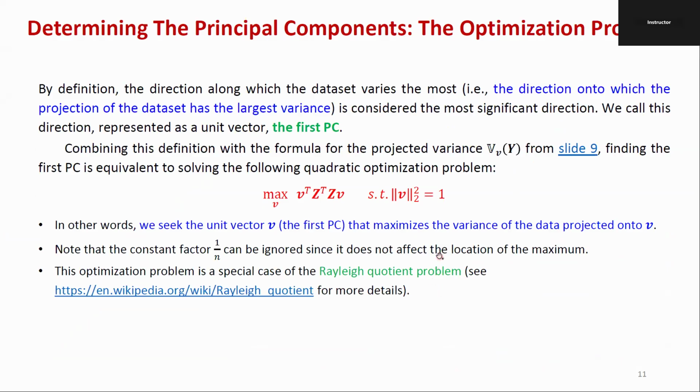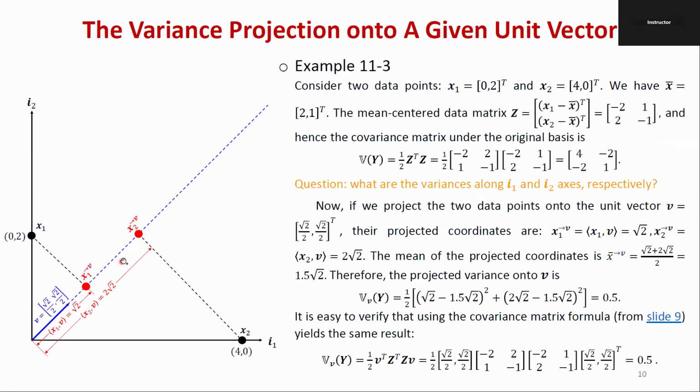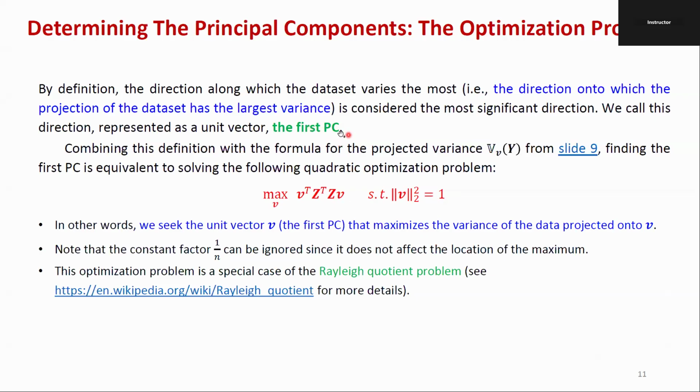Okay, so now the second thing is I want to determine the principal components, because here I gave you the V already. I told you it's square root of 2, square root of 2. But in a practical case, how do you know what this V is? It is actually an optimization, a quadratic optimization problem.